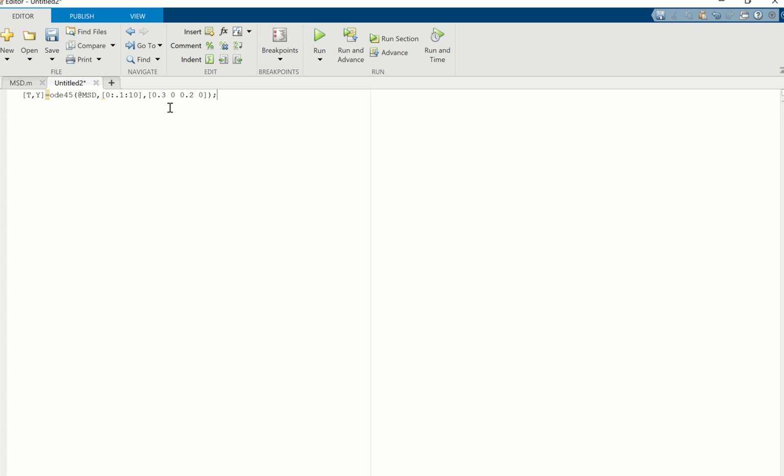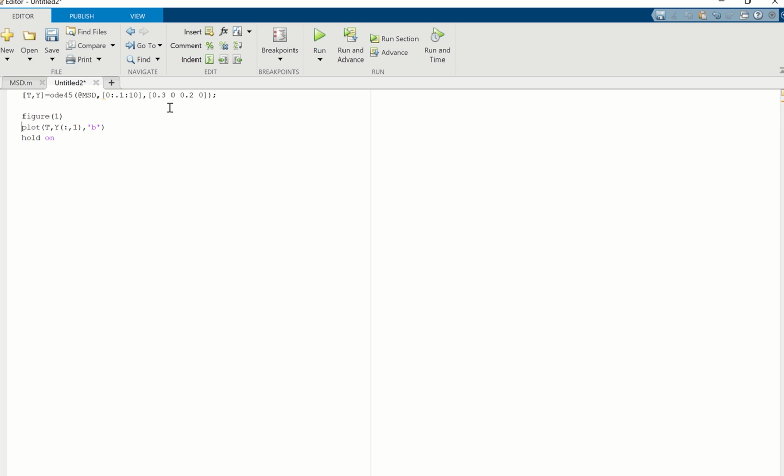And let me close this because I don't want to show it. So figure one, plot T and Y, the real, bold, that's a blue, hold on, this is position of the mass. That's right.